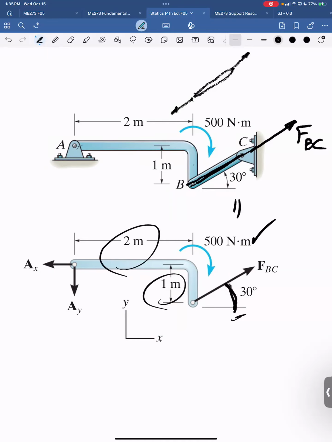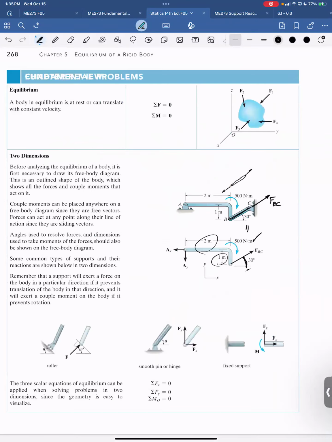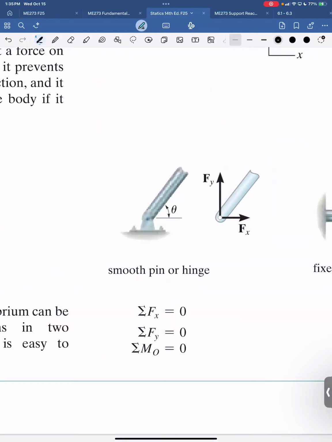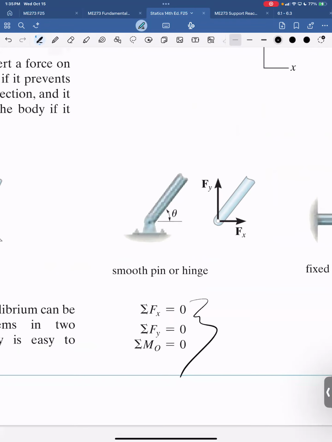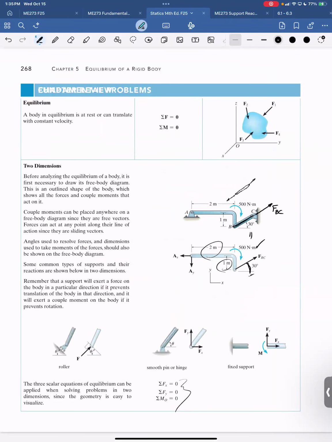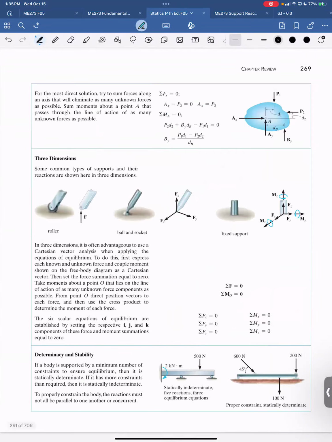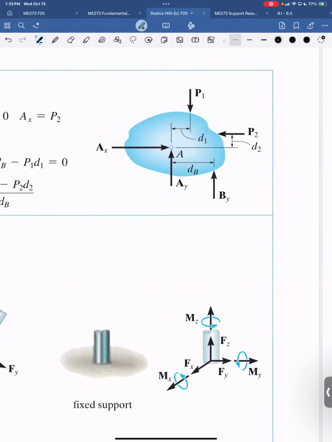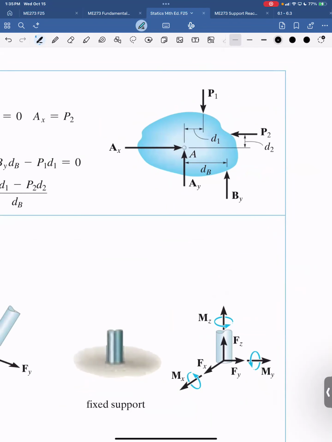and the coordinate system. Once that's done, and that's not an easy task in some cases, then the next step is to do your 3 equations of motion. Sum forces in X and Y, and sum moments about any point and set it equal to 0. The trick, when you have a problem like this, is when you're summing forces and summing moments, you should choose, let's say moments, that's the most important.